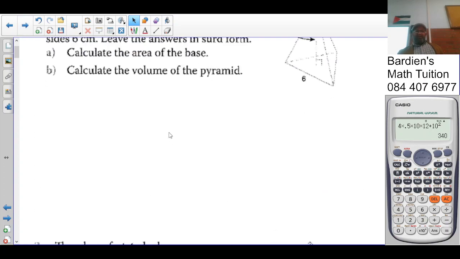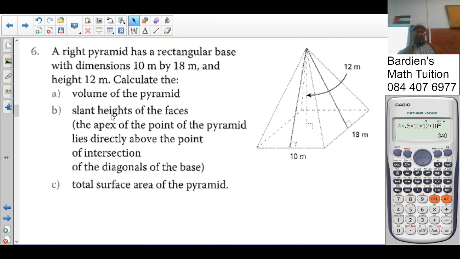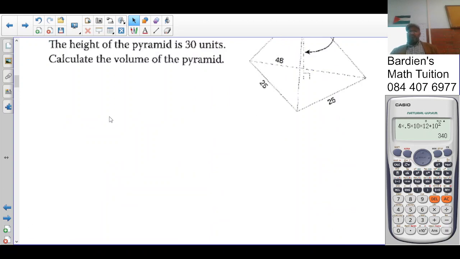So I would like you guys to do for homework number 2, 3, 4, 5, 6. So first redo these sums, and then you do the sums I've given you for homework. I'm going to go through each one again tomorrow. People, it's going to be futile, it's going to be a waste to you if you haven't attempted the sums. Okay. People, enjoy the rest of your day.